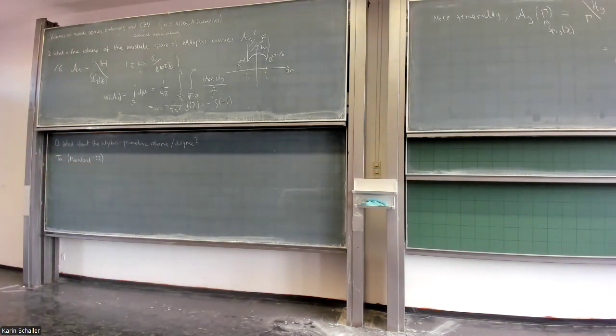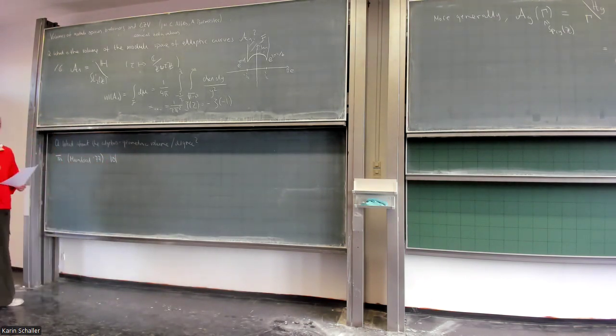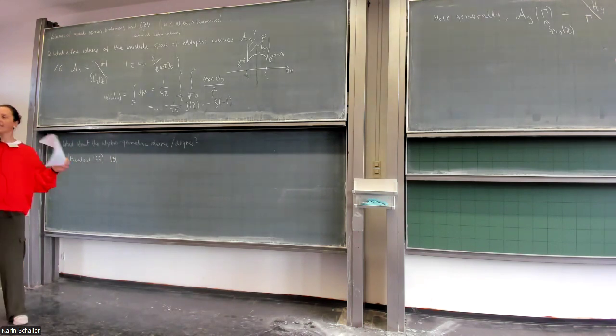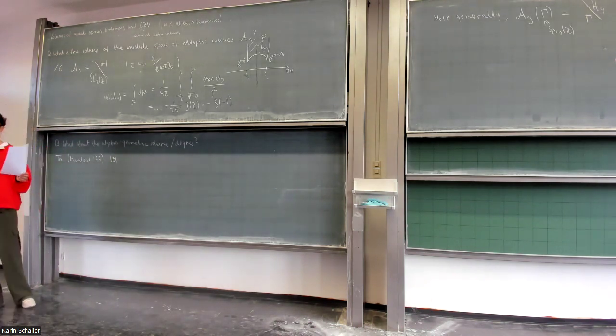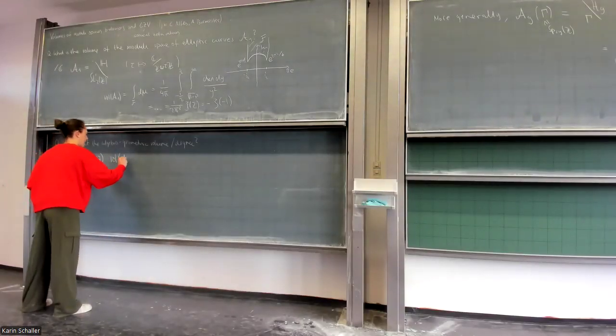Looking at these metrics and the way these metrics degenerate, he can conclude that this volume can be calculated as a top intersection number of an extension of this Hodge bundle to any toroidal compactification of the moduli space of principally polarized abelian varieties.